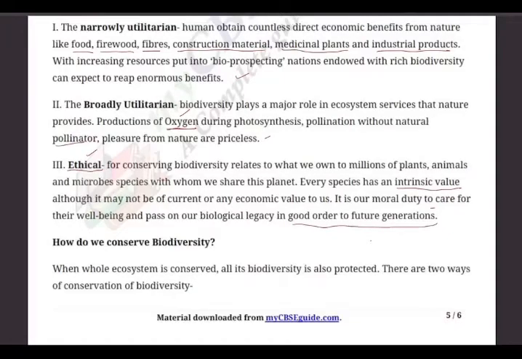In this session, as we all know, we are revising chapter number 15, Biodiversity and Conservation.